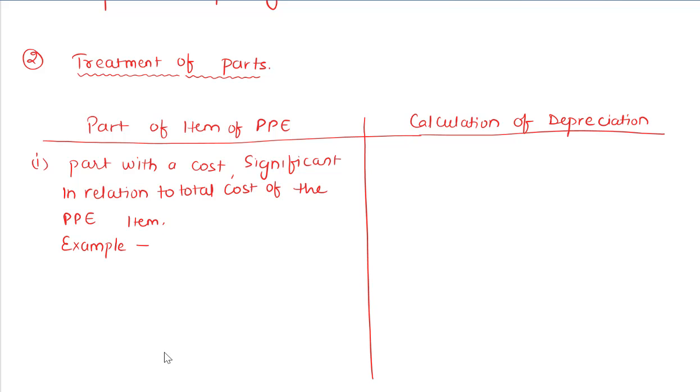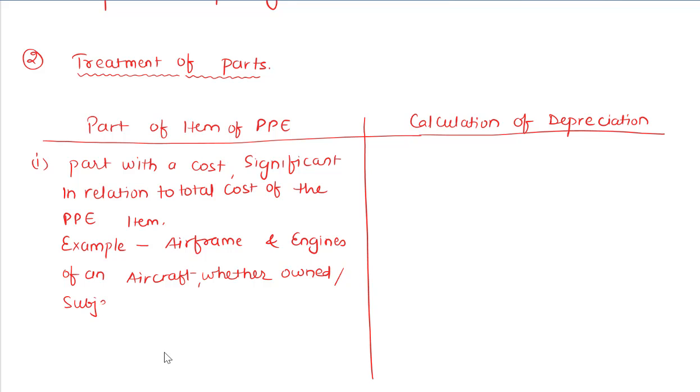Write an example, for instance, airframe and engines of an aircraft, whether owned or subject to lease. This is the case. What would be the depreciation?